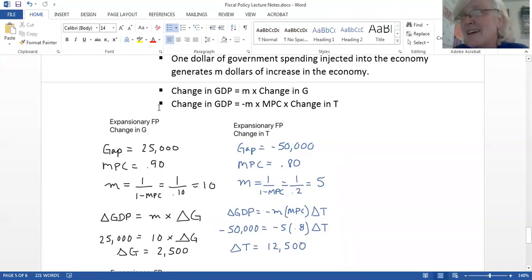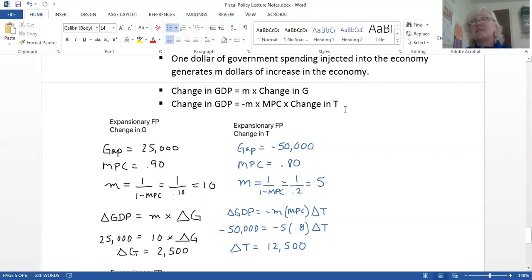On the other hand, for taxation, the change in GDP is equal to negative, because taxation works the opposite way. An increase in taxes is a decrease in GDP. So you have to show that with a negative sign, negative M. We add this MPC in here times the change in taxes.